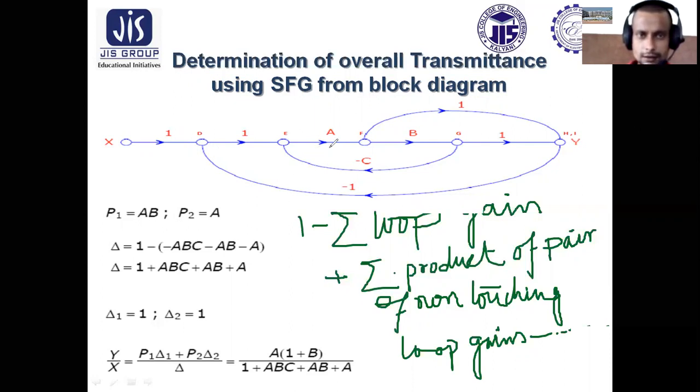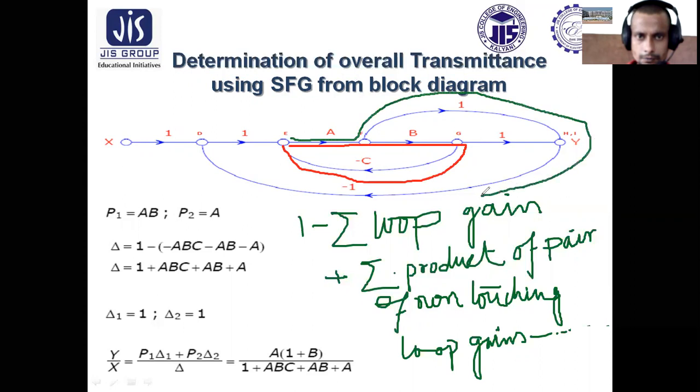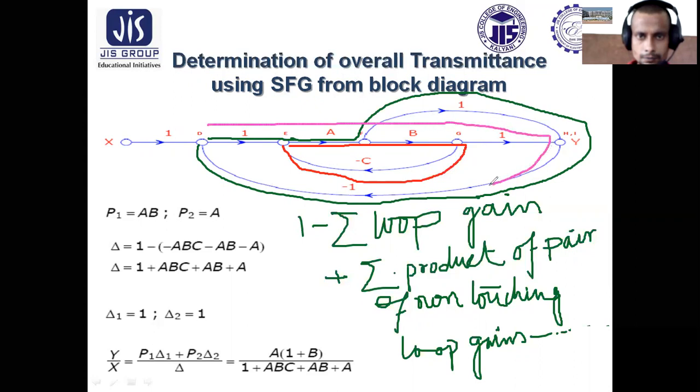So see here, this is one loop, this is the second loop, this is the third loop. So there are three loops.